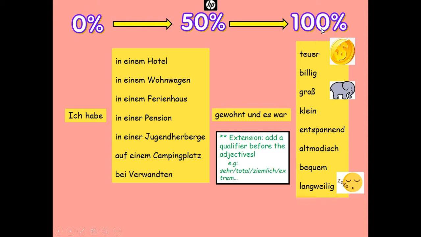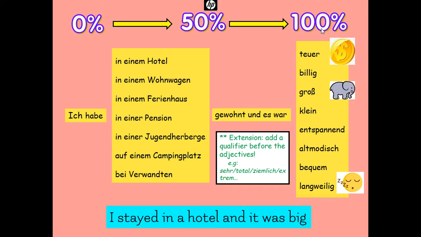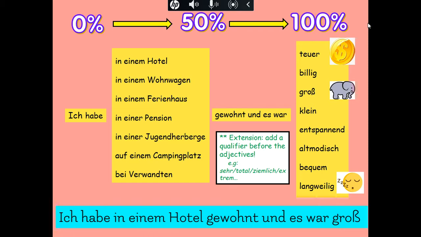Okay, right. So let's have a go at translating some sentences. So number one, I stayed in a hotel and it was big. Write that down in your book in German using the words from these yellow boxes. I stayed in a hotel and it was big. And you should have written, ich habe in einem Hotel gewohnt und es war groß.